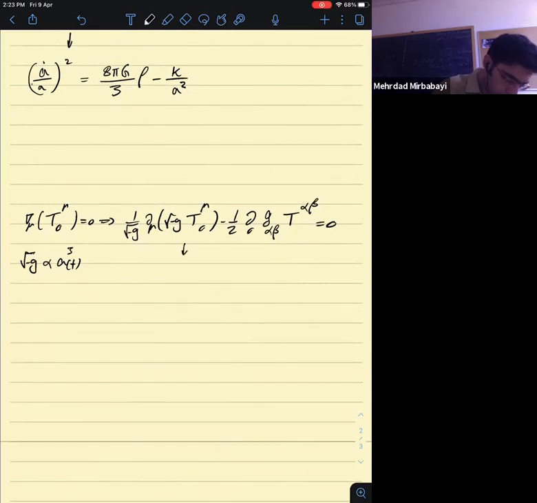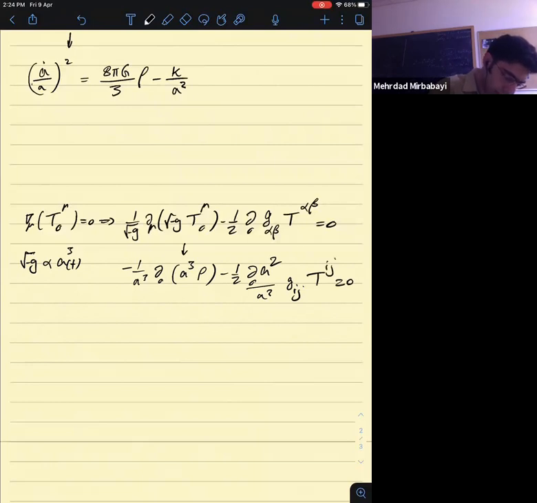So this equation becomes 1 over a cubed, d0 of a cubed T00, which was minus rho. And then here, the only component of g that has time dependence is the spatial component. So I will get minus 1 over 2, d0 of a squared divided by a squared, g ij T ij, equal to 0.